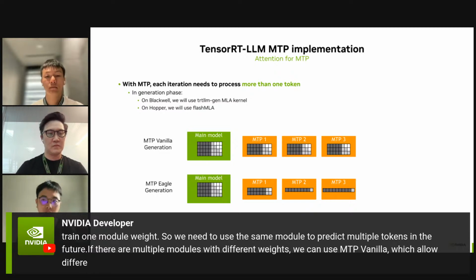If you have a checkpoint with multiple different MTP layers, you can use MTP Vanilla to support it.